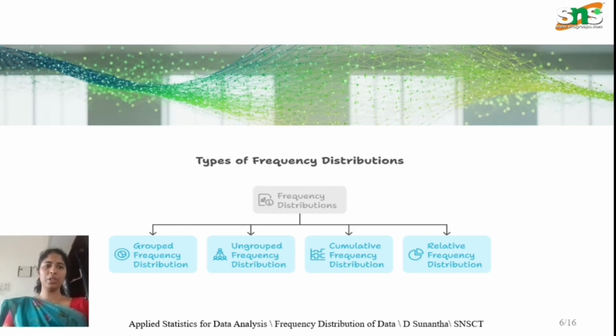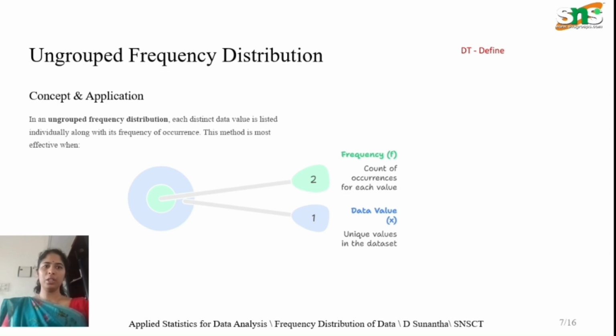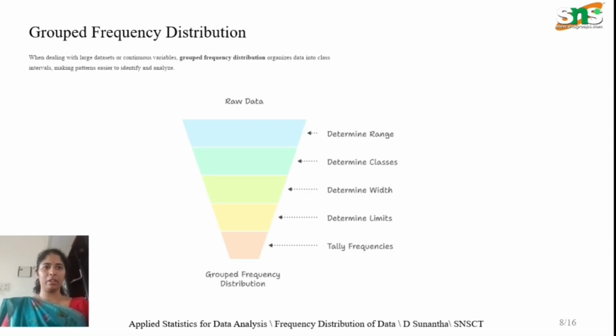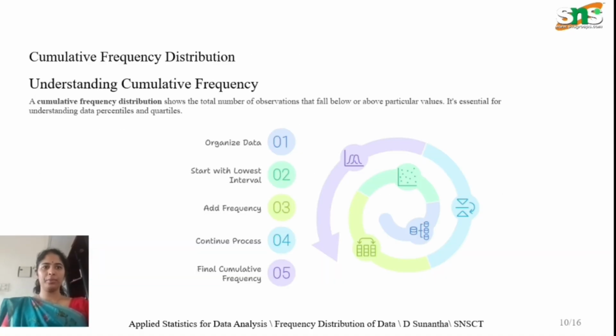Next we will be having cumulative distribution and relative distribution. These are what we have seen in the previous slides. So next will be the cumulative distribution. Frequency distribution is only the beginning. From the same frequency table we can derive cumulative frequency, relative frequency, and comprehensive frequency tables also.